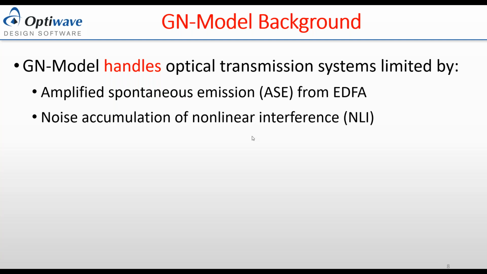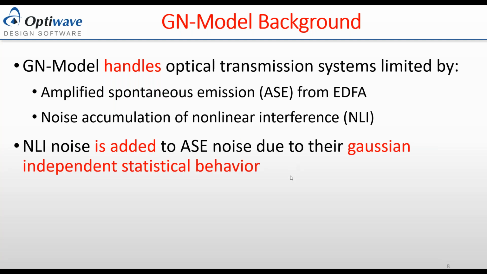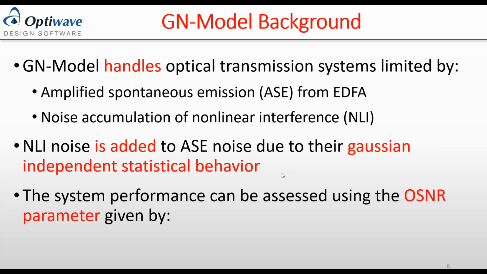The other part is the nonlinear interference, which is the main modeling used in the GN model. The nonlinear interference noise and the ASE noise are added in this model based on the assumption that their statistical behavior is Gaussian and independent. We're going to show you the basis for this assumption in the next slide.